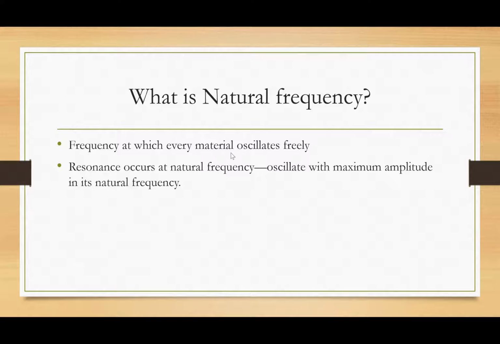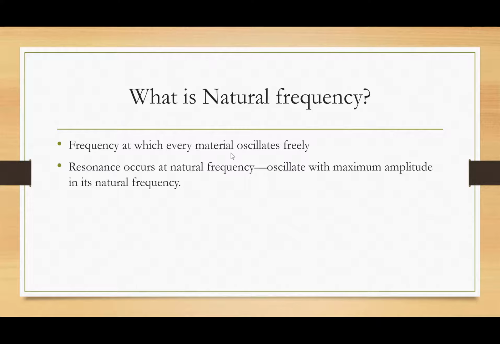If there are two systems, and one has a particular natural frequency, and the other one also has the same natural frequency, then the energy of the oscillating system A gets transmitted to the oscillating system B, because both oscillation frequencies are the same.